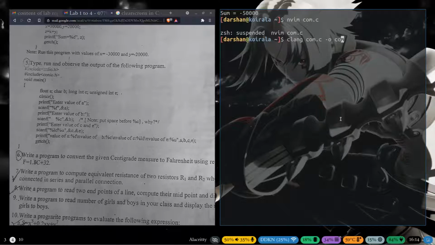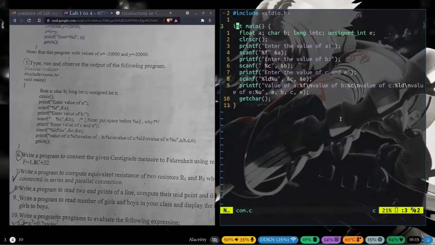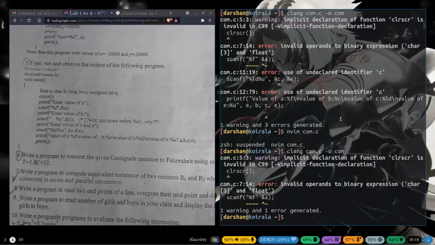Alright, let me compile this. Error, undeclared identifier C. Oh. Okay. Invalid operands, implicit declaration of clrscr, or what the heck is that?